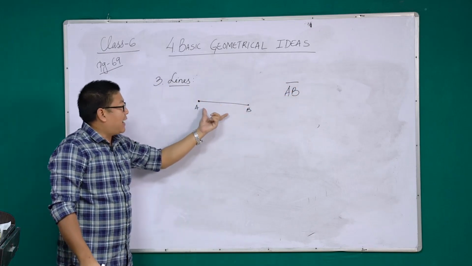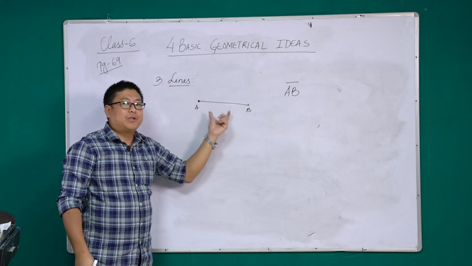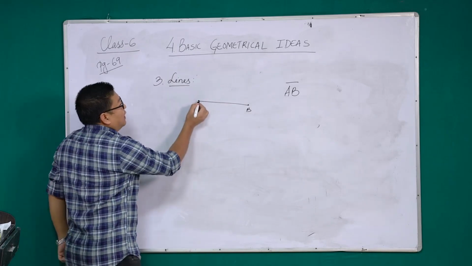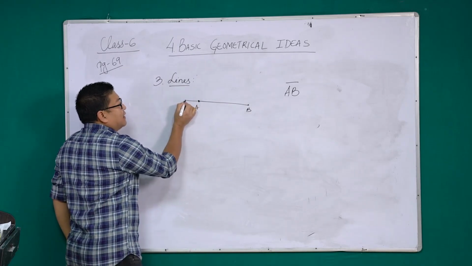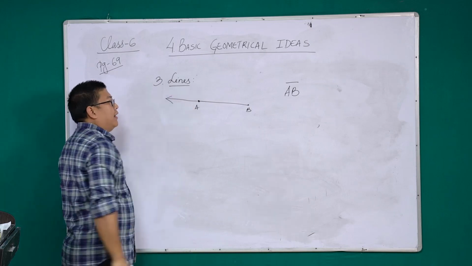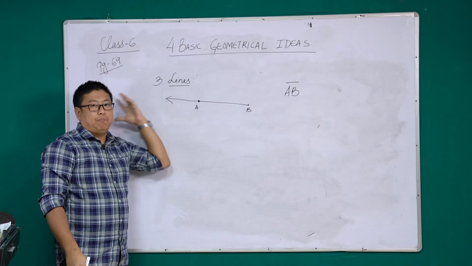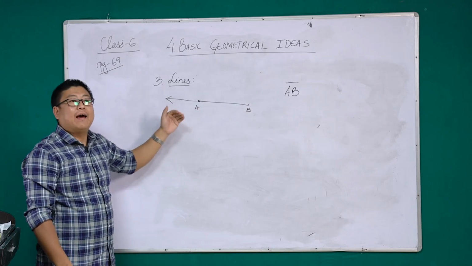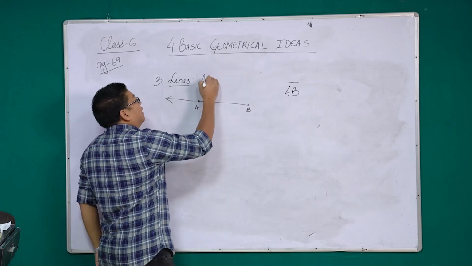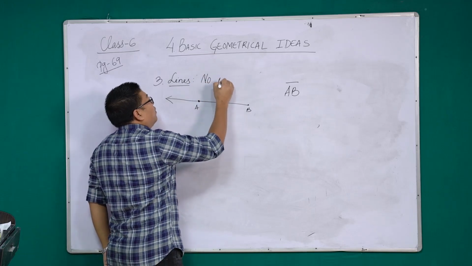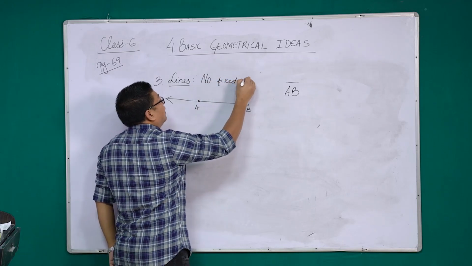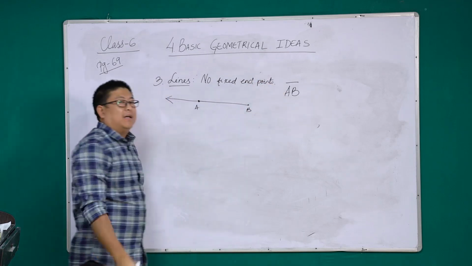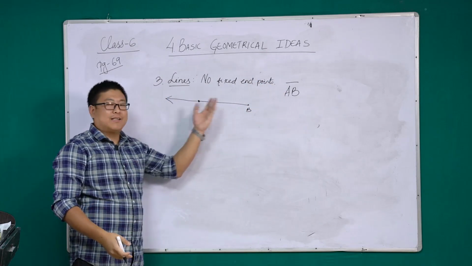Now, when we come to lines, these lines are associated with line segments. In lines, the lines are extended beyond A. They will never stop. They have no endpoints, no fixed endpoints, which is just the opposite of line segments.